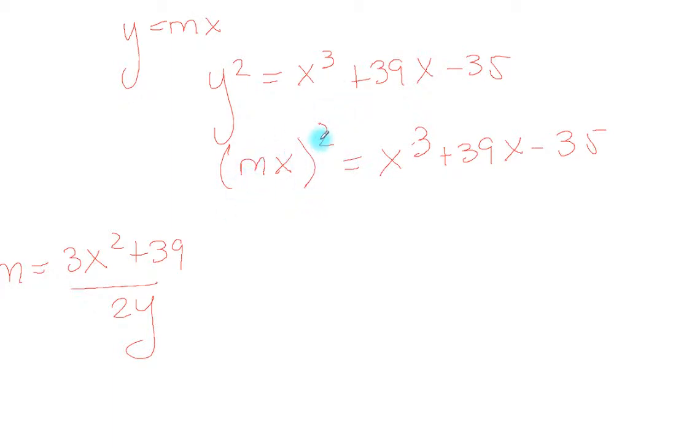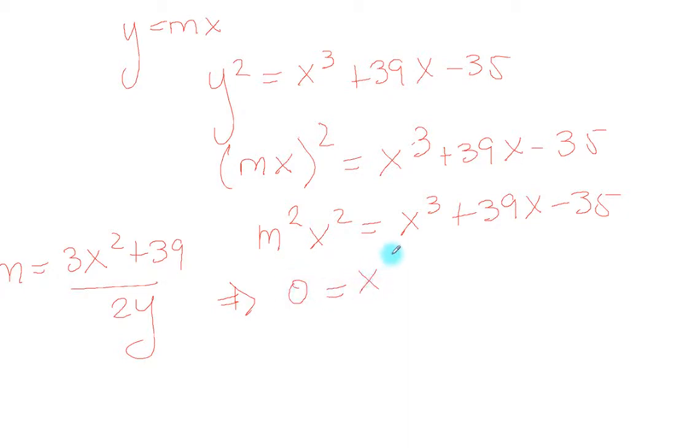Now (mx) squared is m squared x squared. So this implies 0 is x cubed minus m squared x squared plus 39x minus 35.